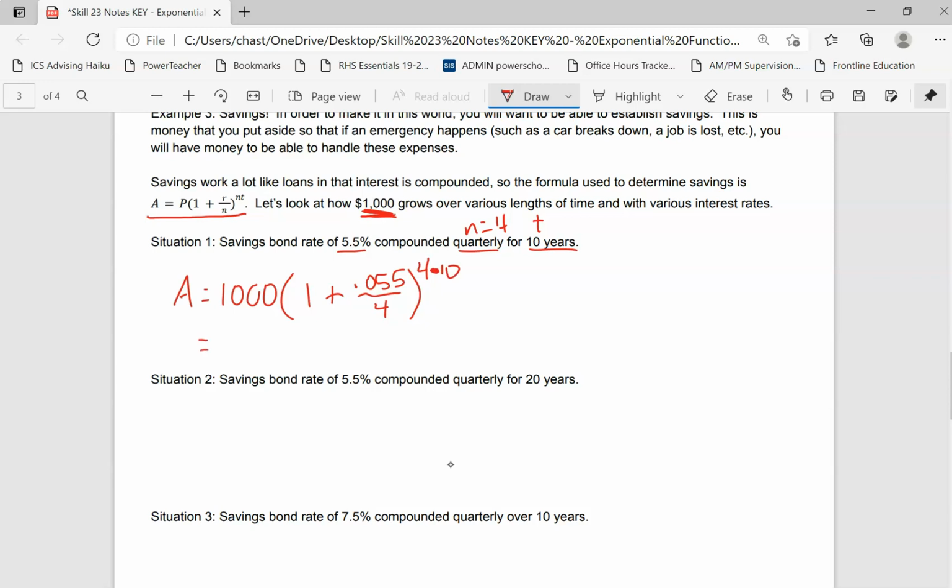The way I'm going to do this on my calculator is I'm going to start with 0.055 divided by 4. So I'm working inside the parentheses, and I'm doing my division inside there first because I have multiple operations under there. I take that value and I add 1 to it. That gives me 1.01375.